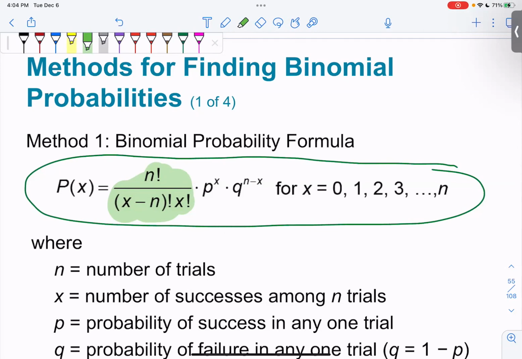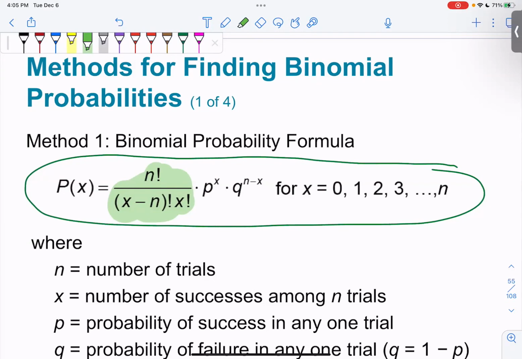So now if you look at this one, P is what? Probability of success, right? And X is the number of successes. So the number of successes might be 0 up to 10. If I flip a coin 10 times, how many heads can I get?